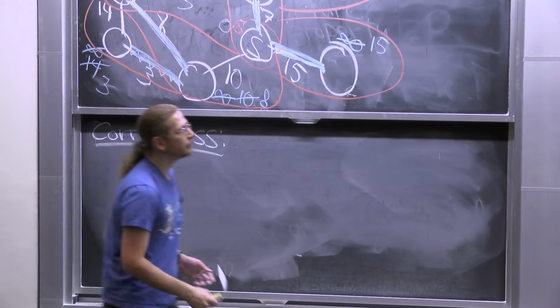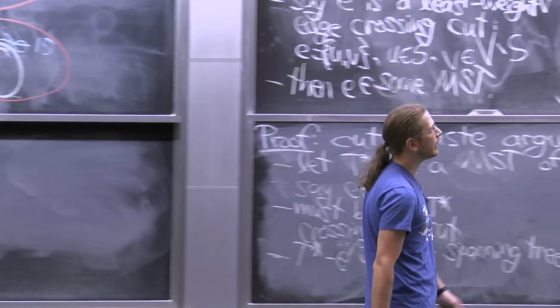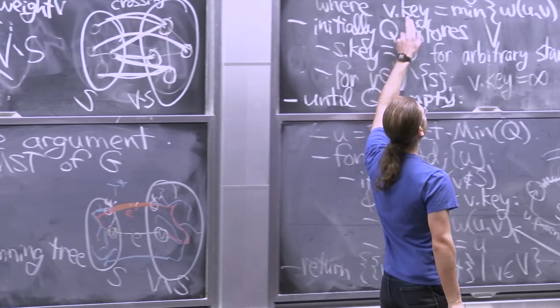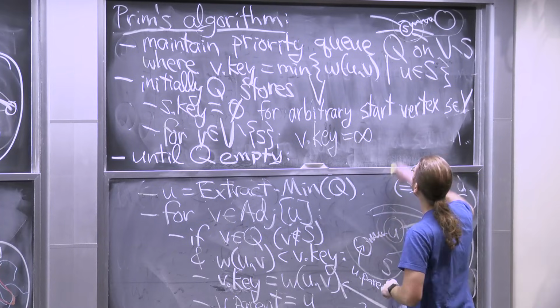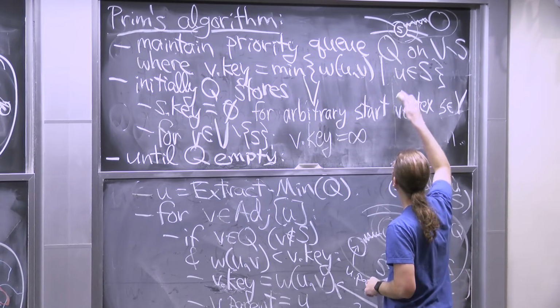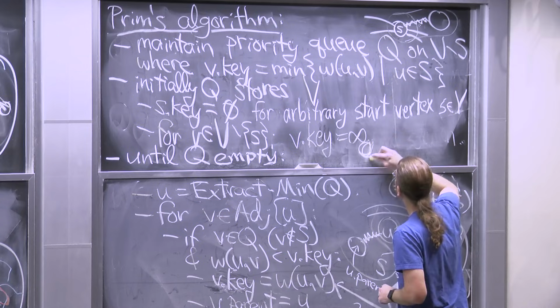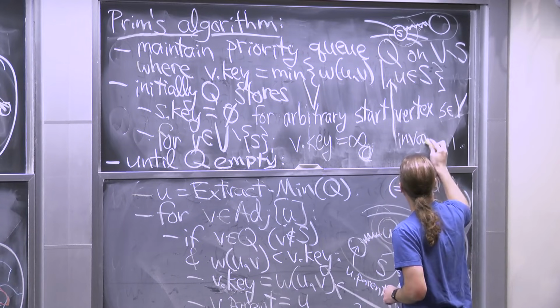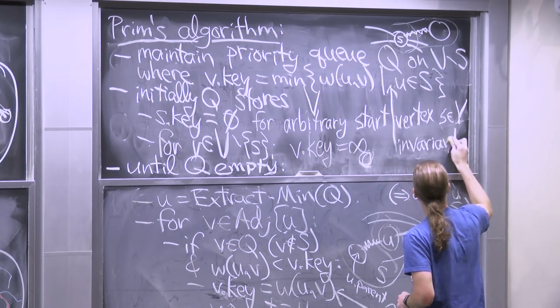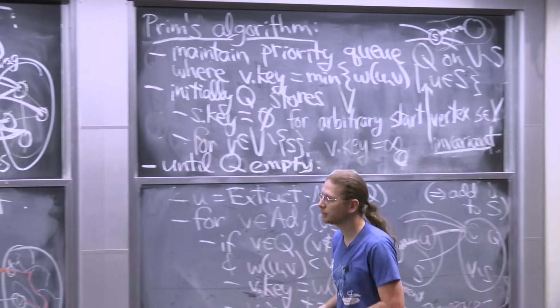OK, to prove correctness, you need to prove an invariant that this key, the key of every vertex, always remains this minimum. So this is an invariant. You should prove that by induction. I won't prove it here.